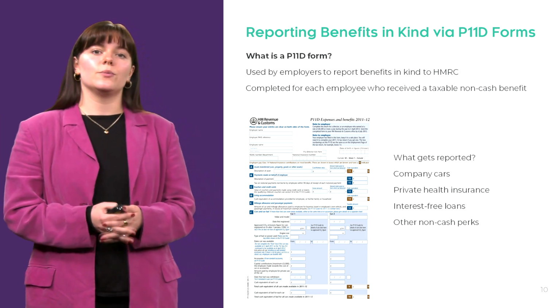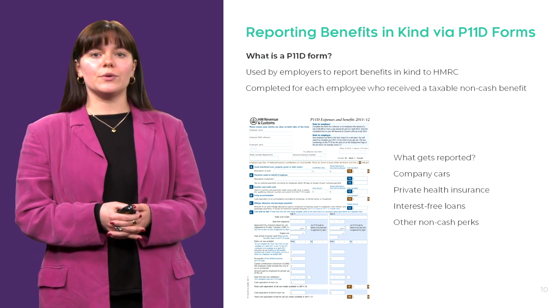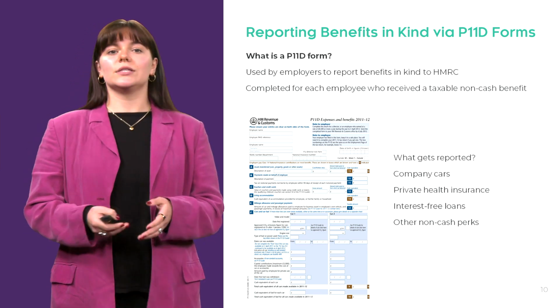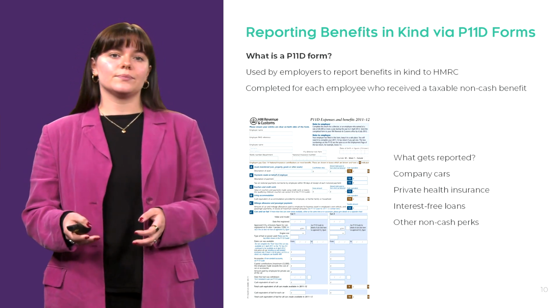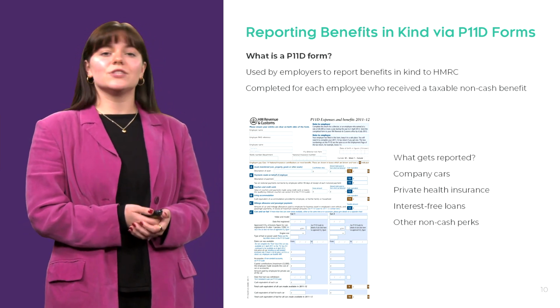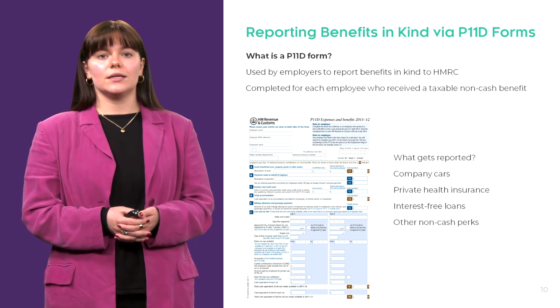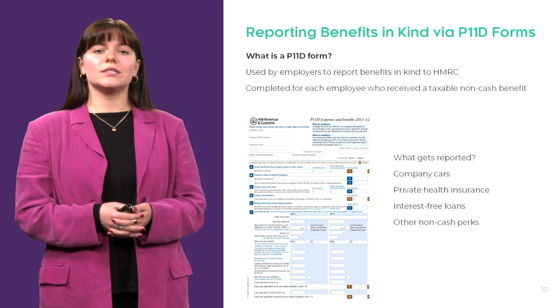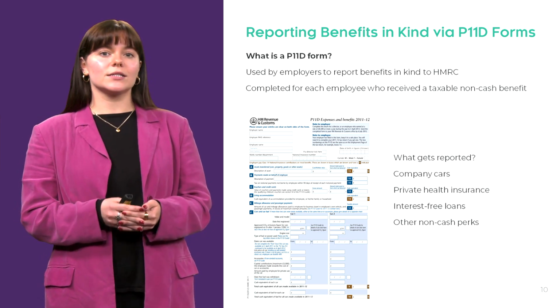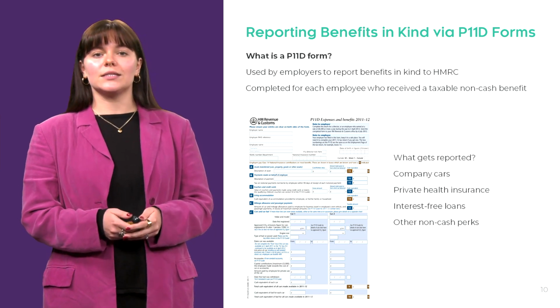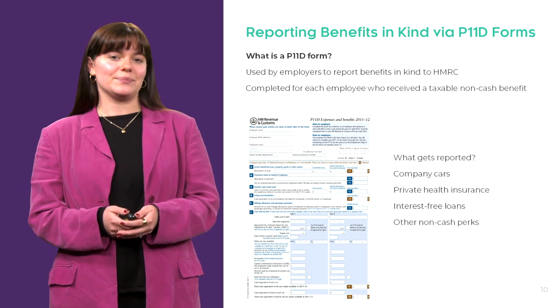The P11D form is used by employers to report the value of benefits in kind provided to employees. This includes things like company cars, health insurance, interest-free loans, and any other non-cash benefits. Employers must complete a P11D form for each employee who has received taxable benefits, and it must be submitted to HMRC by the 6th of July after the end of the tax year.